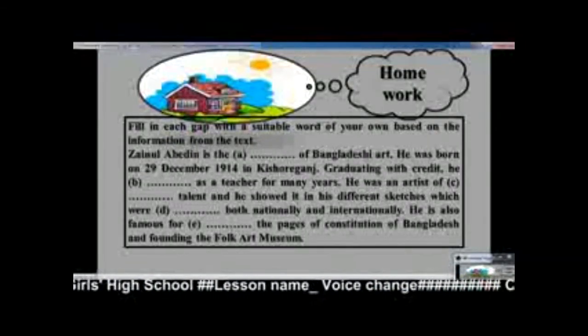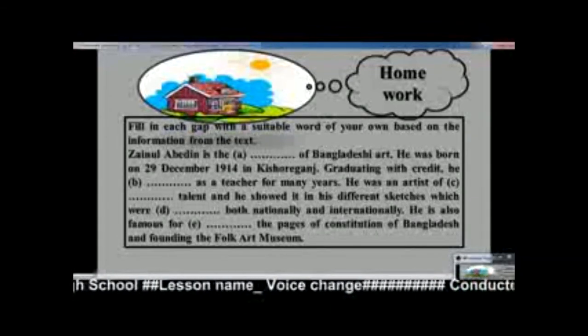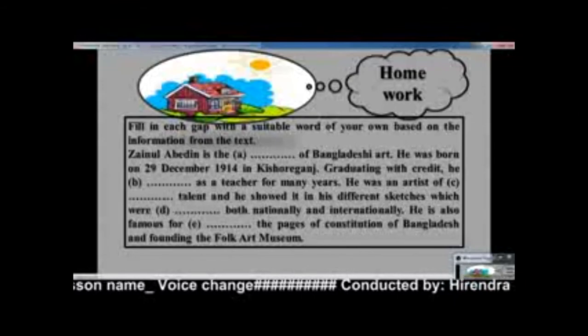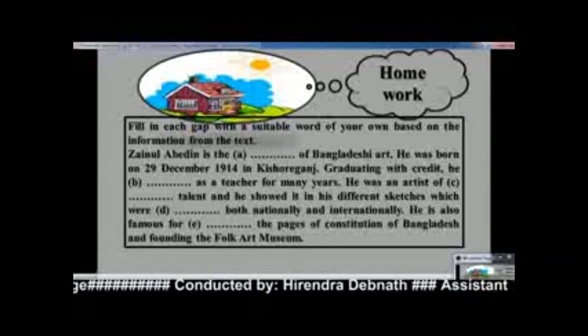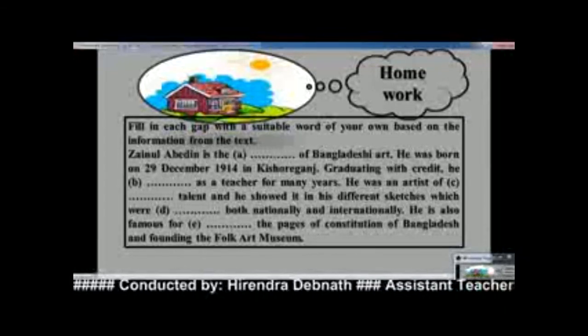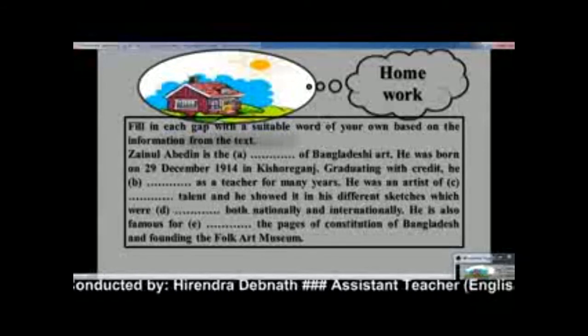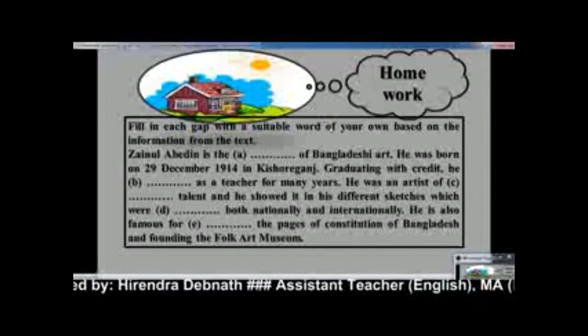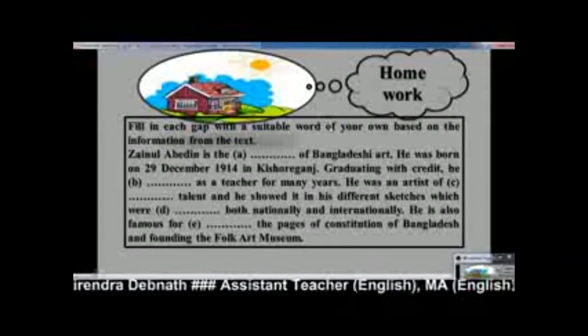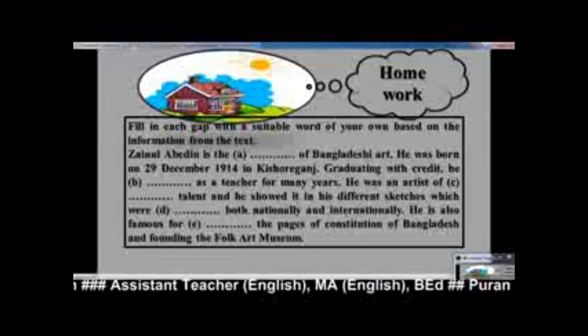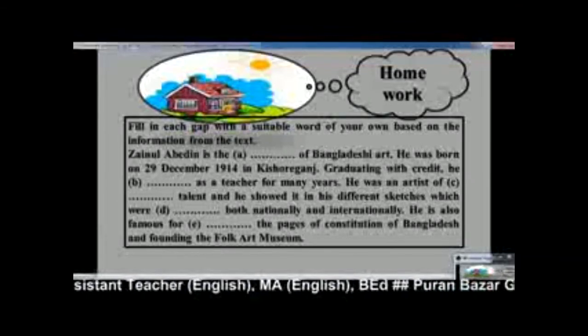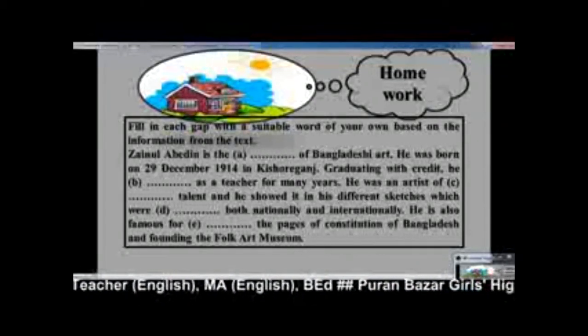Graduating with credit, he B dash as a teacher for many years. He was an artist of C dash talent, and he showed it in his different sketches, which were D dash both nationally and internationally. He is also famous for E dash the pages of Constitution of Bangladesh and founding the Folk Art Museum.